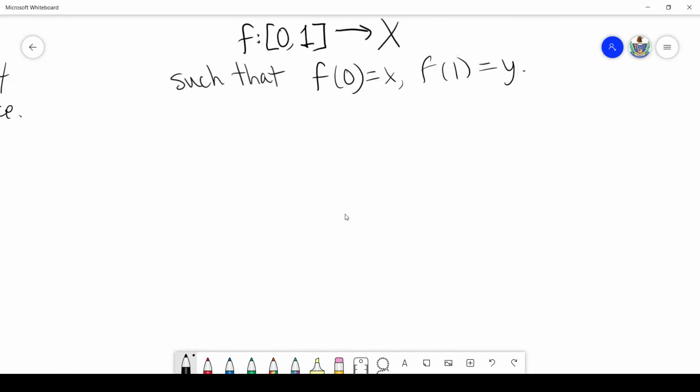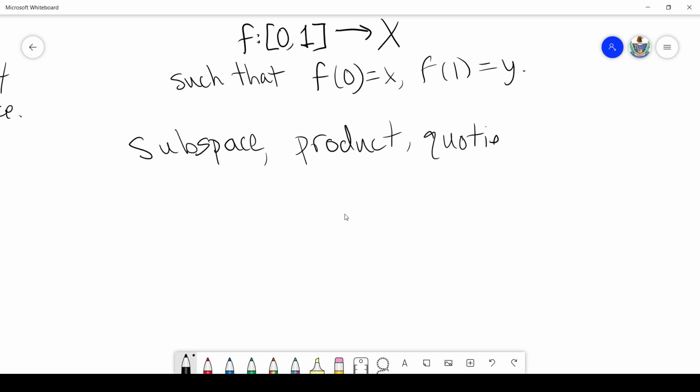Now, I think this video is getting a bit long. There were some other special topologies I wanted to mention, namely the subspace, product, and quotient topologies. However, the subspace topology we will definitely need, so I'll explain that here.